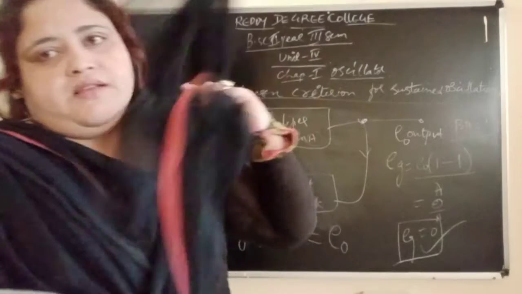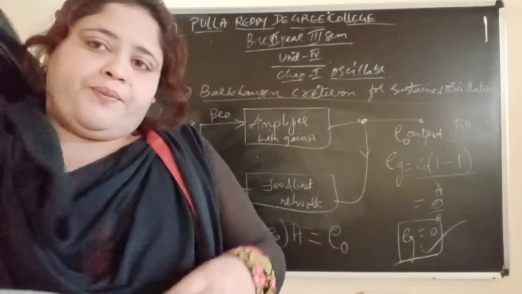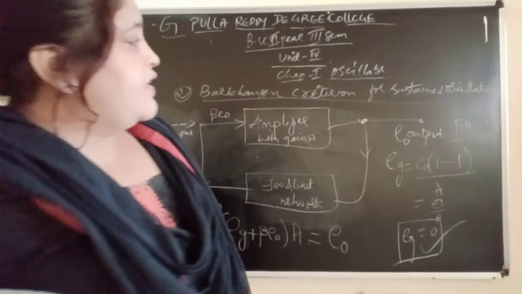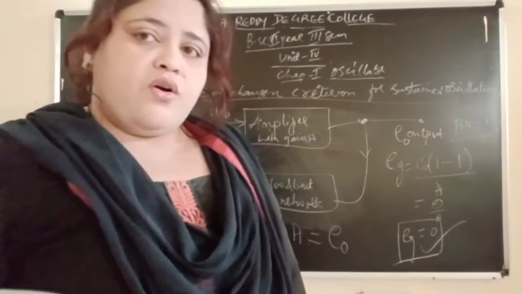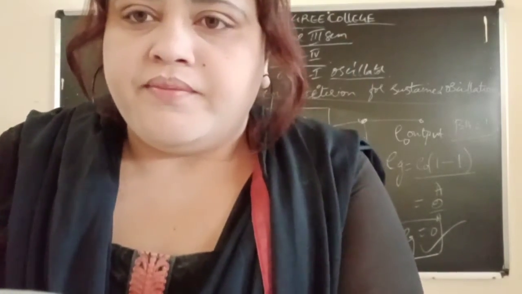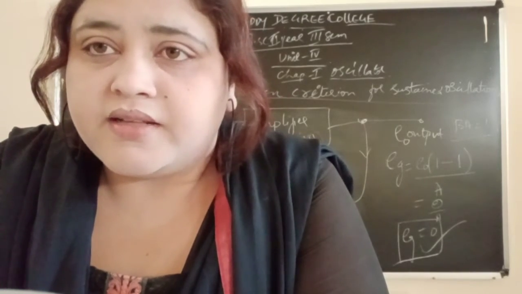Eg is nothing but your input. The input is becoming 0. On which condition has the input become 0? Beta A equal to 1. On which condition is Eg becoming 0? Beta A equal to 1.